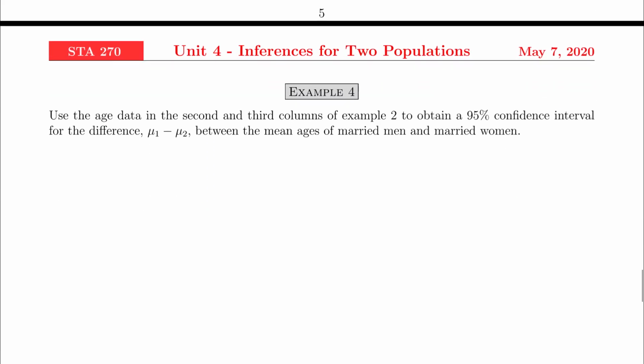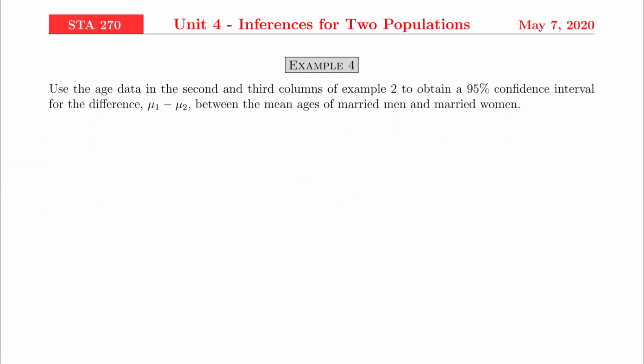And we're going to use the same data from example 2 and 3 for example 4. We're going to use that age data in the second and third columns to obtain a 95% confidence interval for the differences between the mean ages of married men and the mean ages of married women. And so we know that since it's a 95% confidence interval, that gives us an alpha value of 0.05.